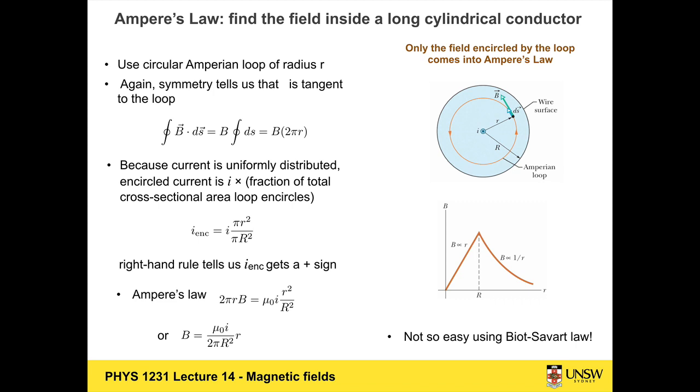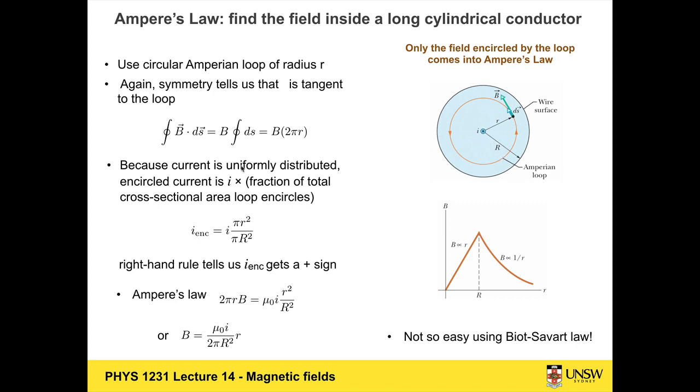And of course, another example, we could use Ampere's law to find the field inside a long cylindrical conductor. To do this, we once again considered a circular Amperian loop of radius r, but we could actually handle the case that little r, the radius of our Amperian loop, is smaller than capital R, which is the radius of the wire.